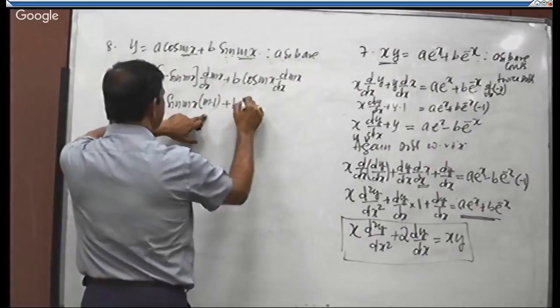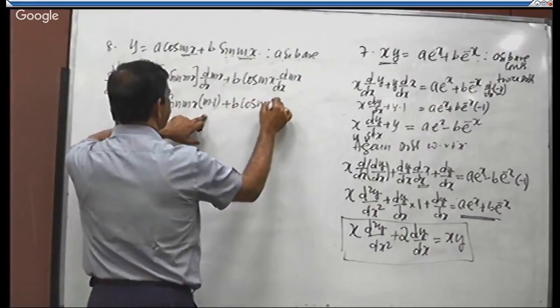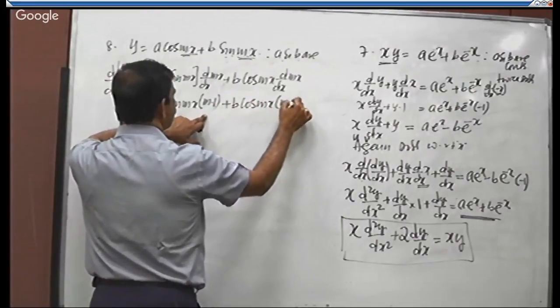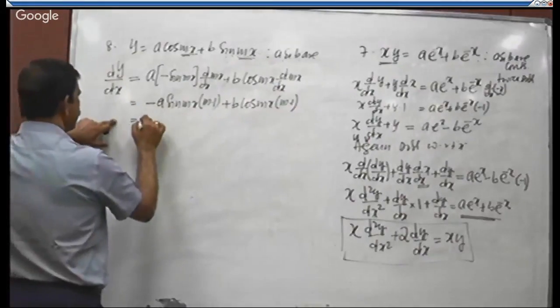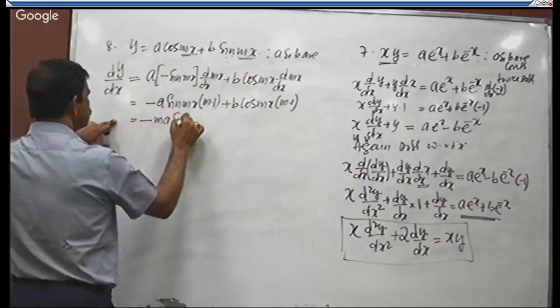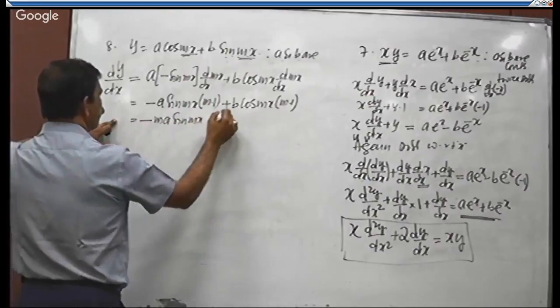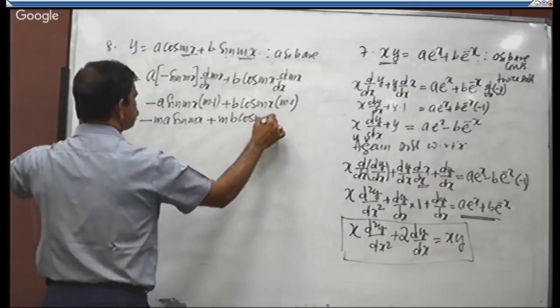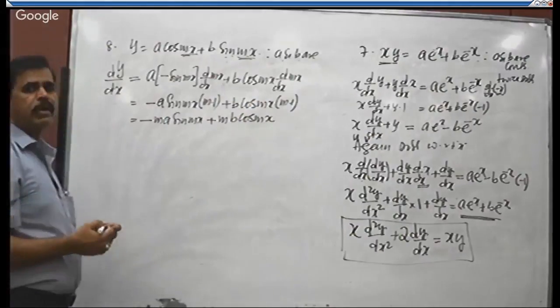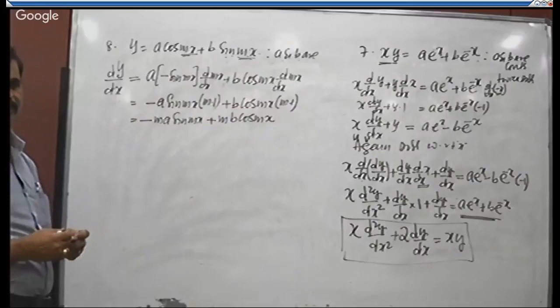Plus b into cos mx. Differentiation of mx is m into 1, right? It is minus ma into sin mx plus m into b into cos mx. This is the first order differentiation, right?